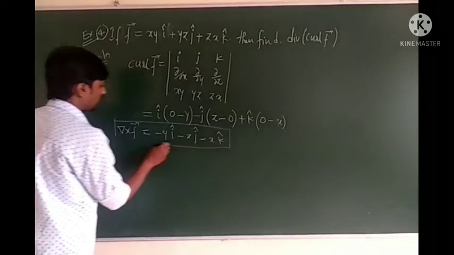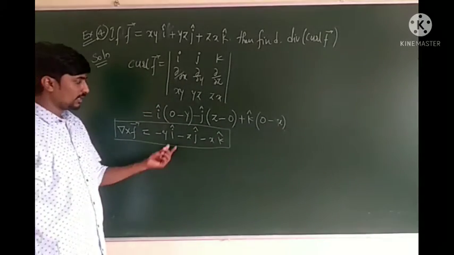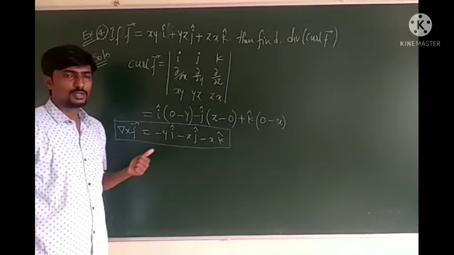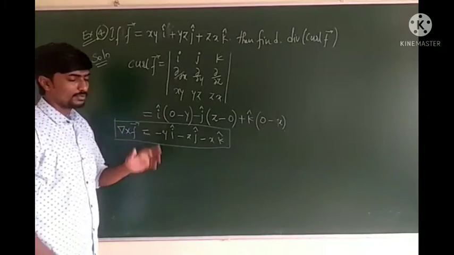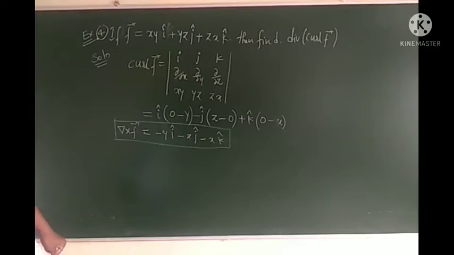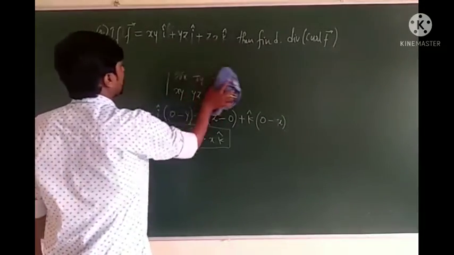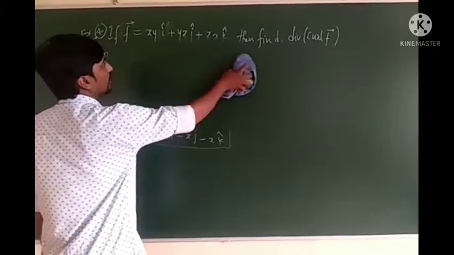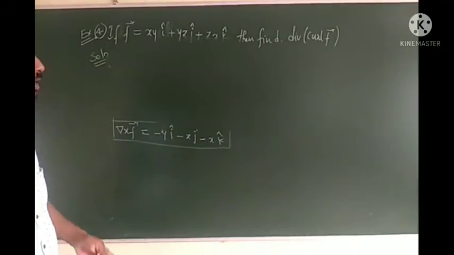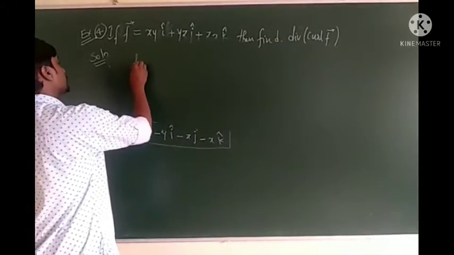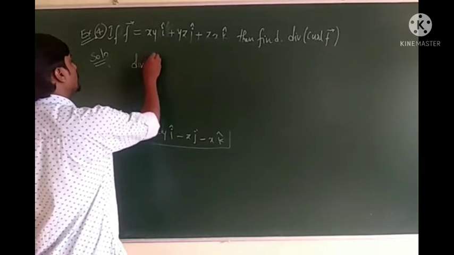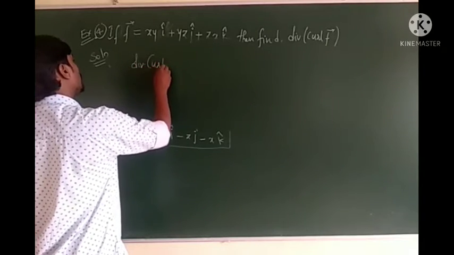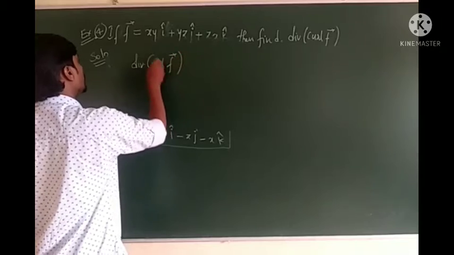So we need to find the dot product for this value. Okay, so now write down this. I will write here the dot product value, because what we are going to find is the divergence of curl of f. So now the divergence of the curl of the vector f.